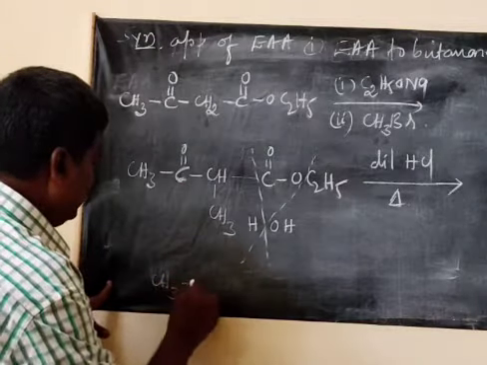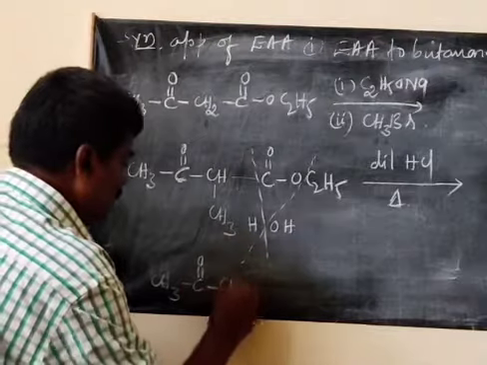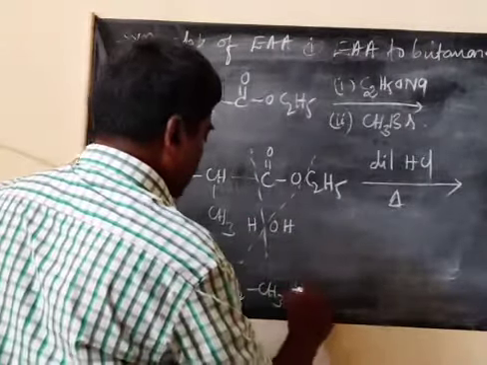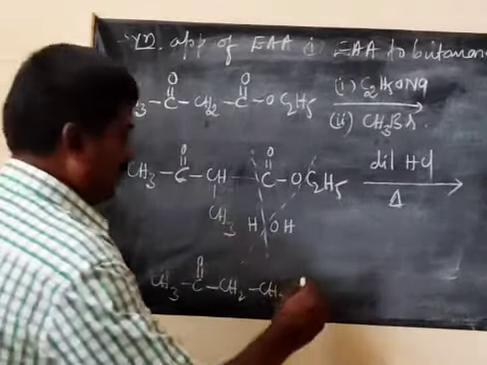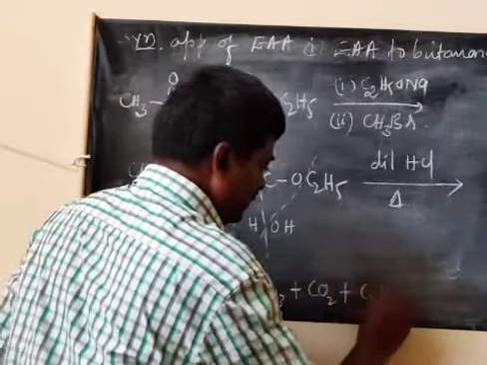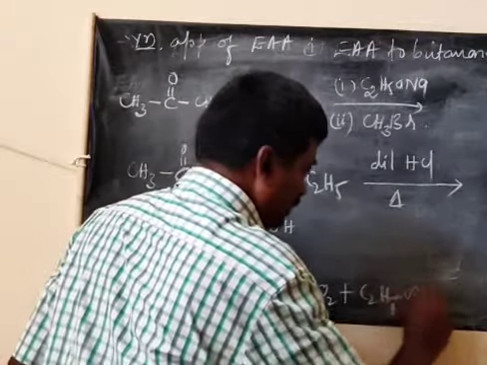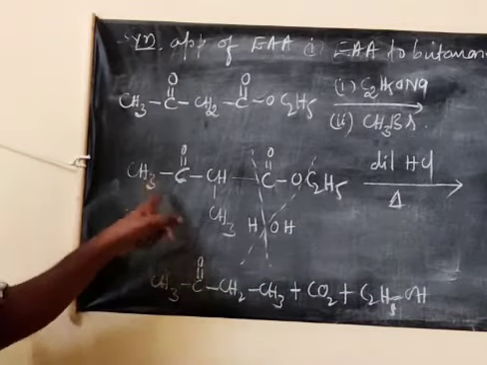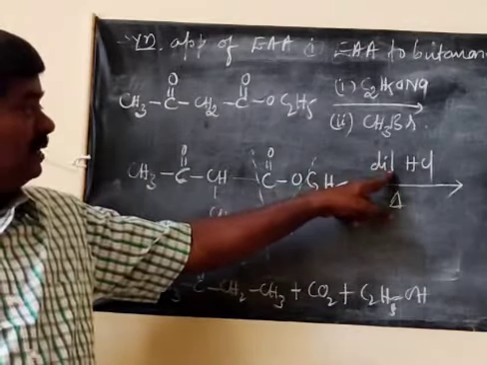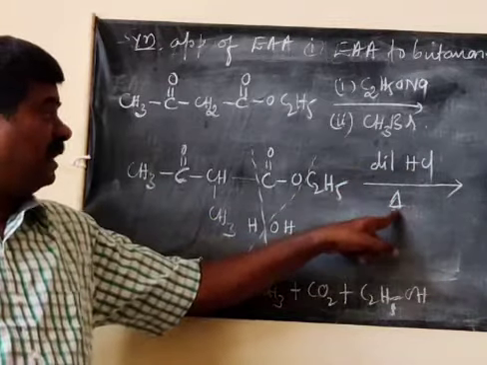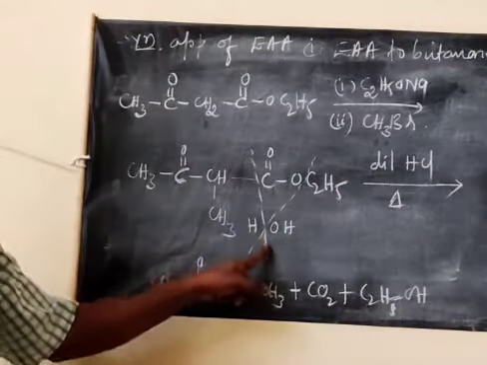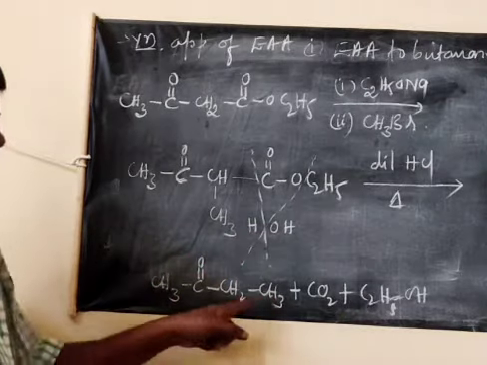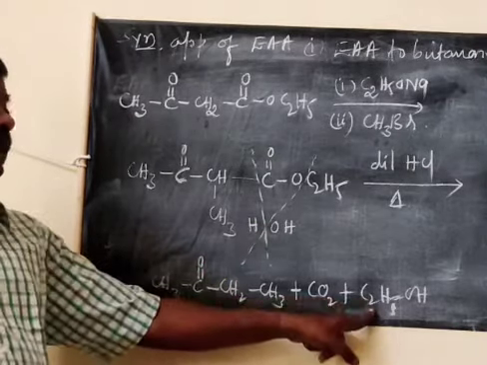So CH3, C double bond O, CH2, CH3, plus carbon dioxide plus C2H5OH. So this is called ketonic hydrolysis. Here we are hydrolyzing with dilute HCl at higher temperature. One molecule of water is utilized for the hydrolysis, forming a ketone, carbon dioxide and ethyl alcohol.